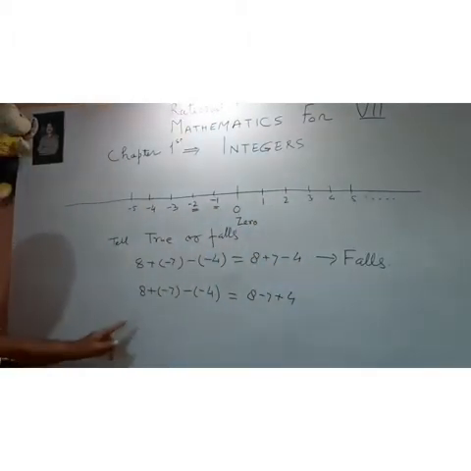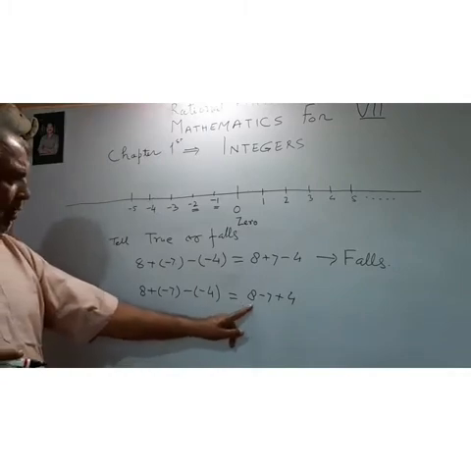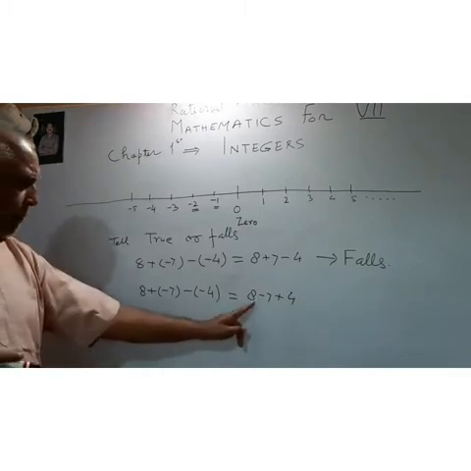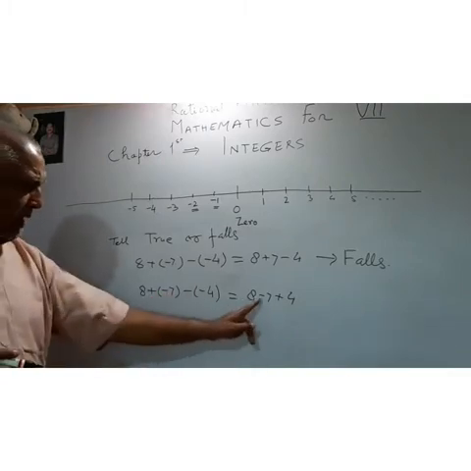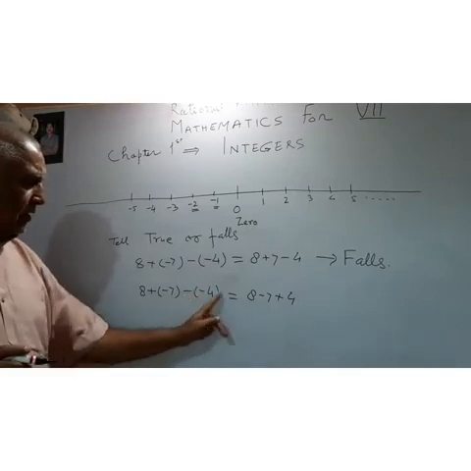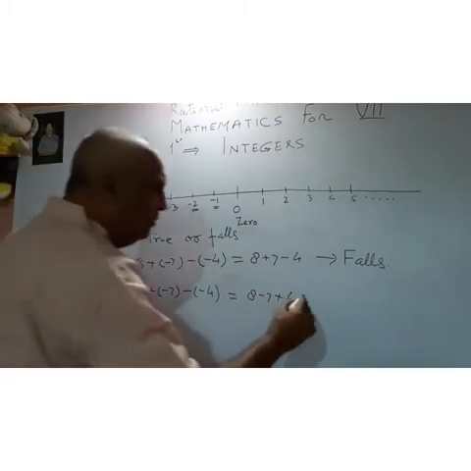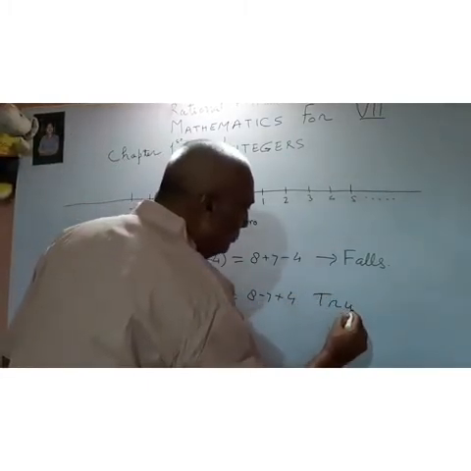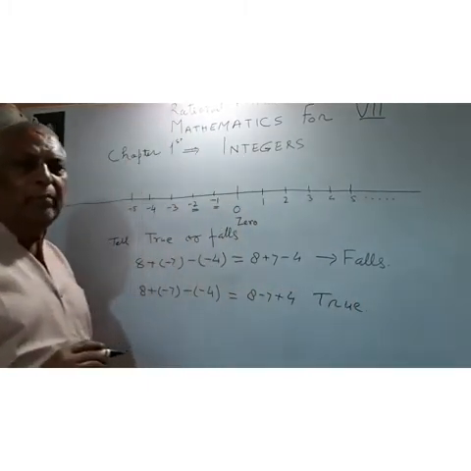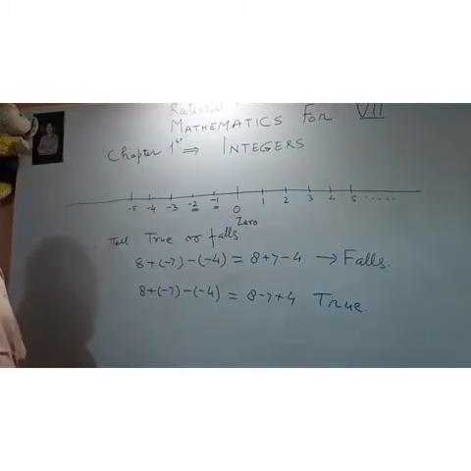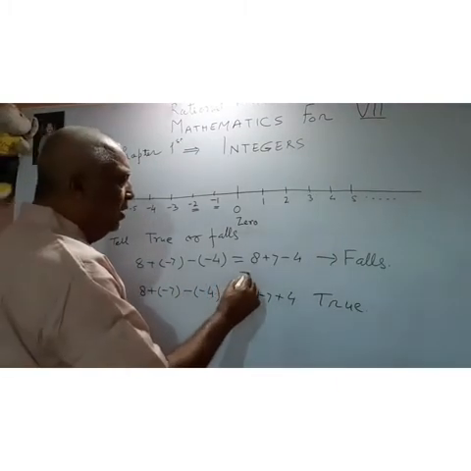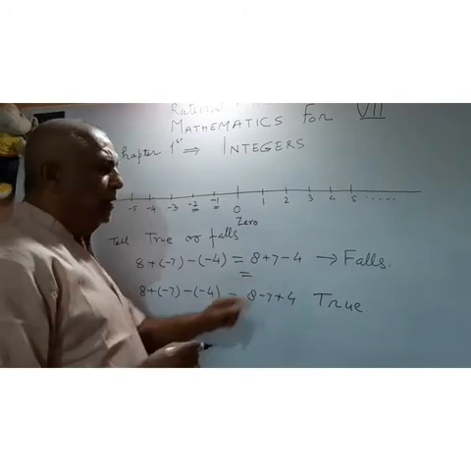Again see here, same thing is equal to 8 minus, plus minus makes it minus, minus minus makes it plus, 8 minus 7 plus 4. Matlab, what is true? If you have called to tell the value of this, what you will say? 11.